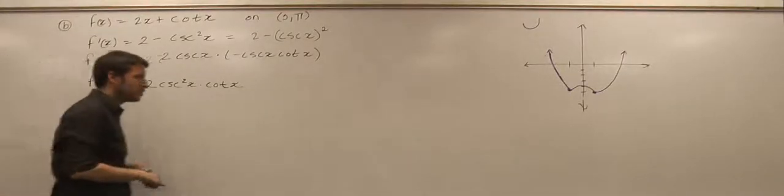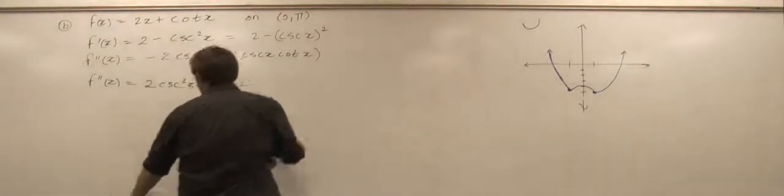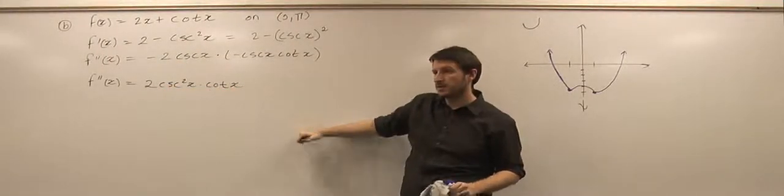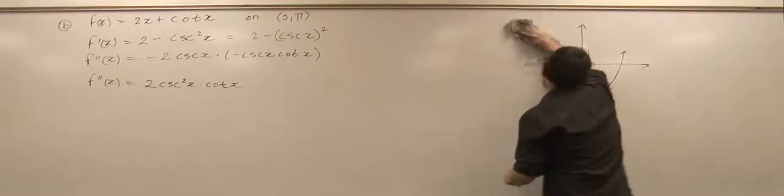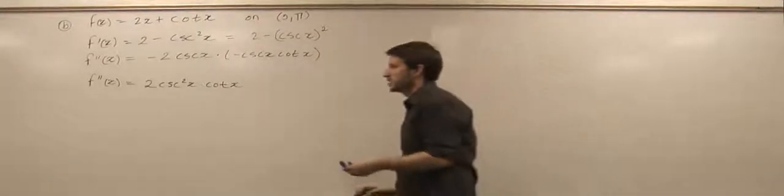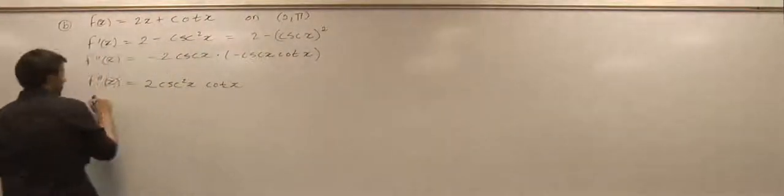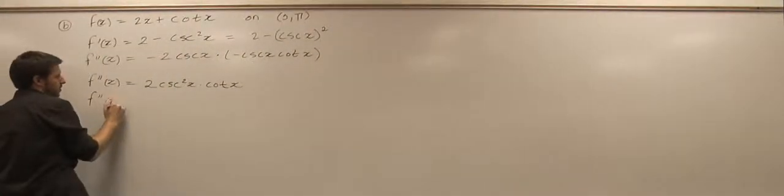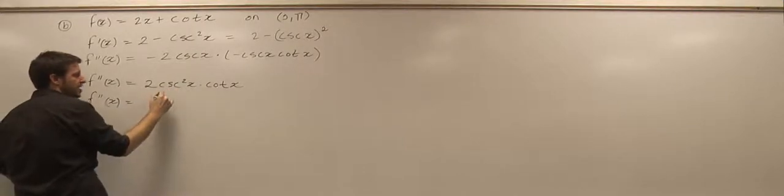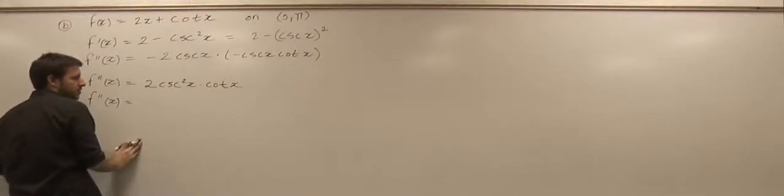Which when I'm doing critical numbers, I'm thinking about where the derivative is 0 and undefined. So you might want to change these into fractions. I would put these into sines and cosines. So cosecant is 1 over sine, and cotangent is cosine over sine.